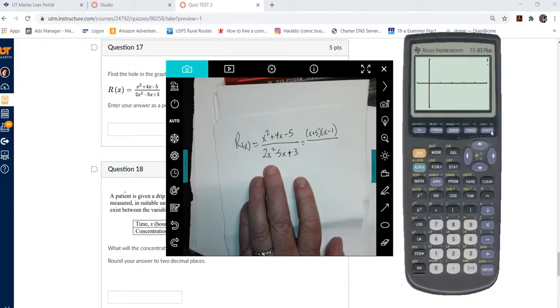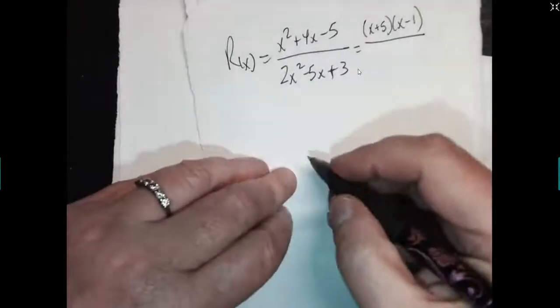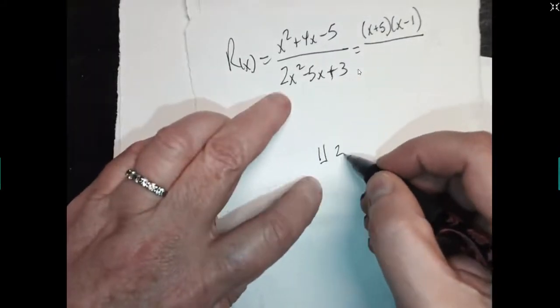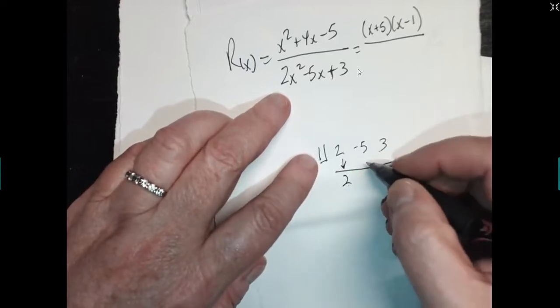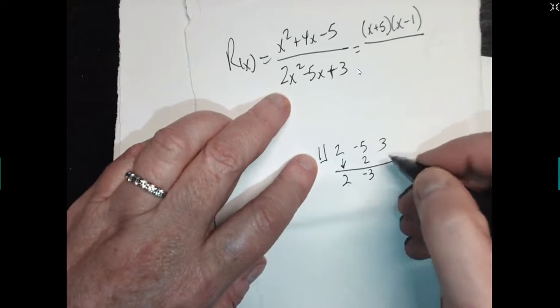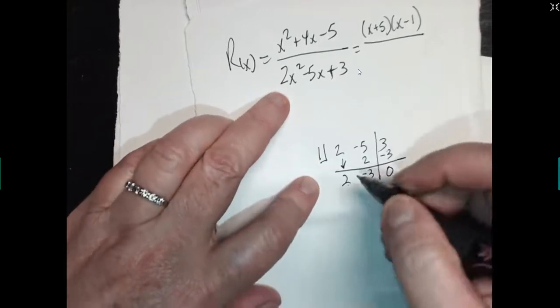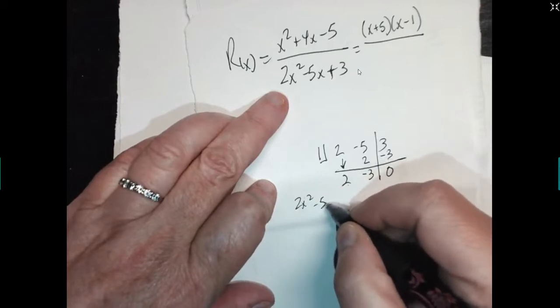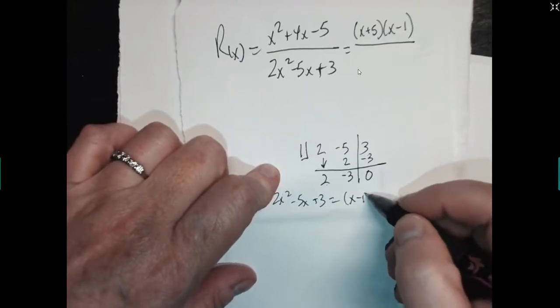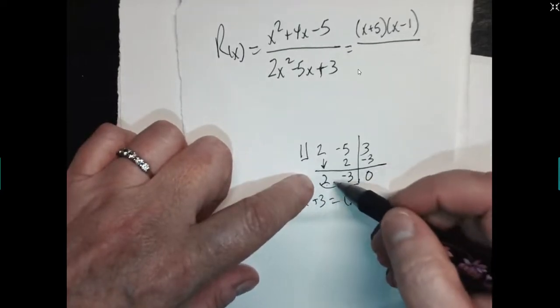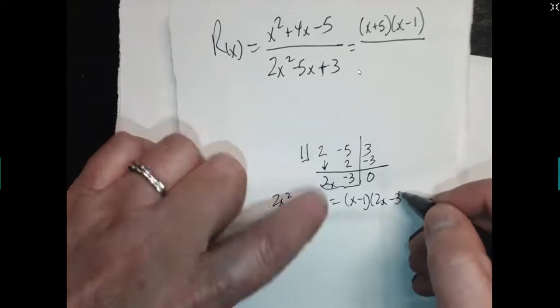Okay, it looks like I have an X-intercept at 1, and so 1 is a 0. So I can use synthetic division on that to factor it. 2 times 1 is 2, and I add and get that. So 2x squared minus 5x plus 3 is going to be equal to x minus the number in the box times the quotient. That's the constant, and that's the term for x. All right, I've got it factored.